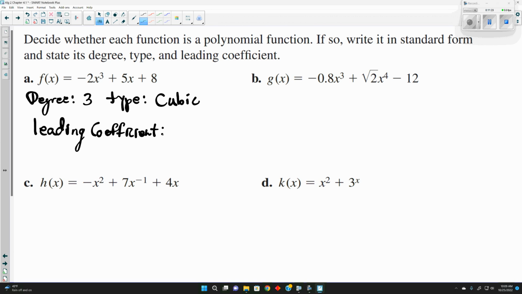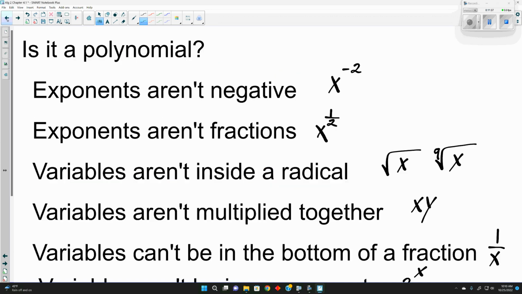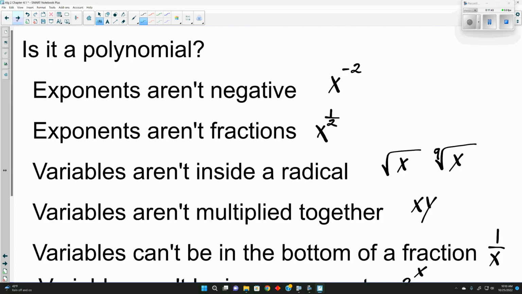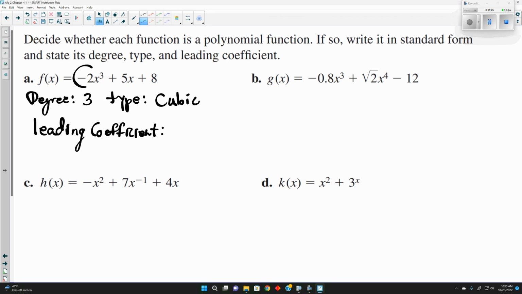Leading coefficient is what? What would be the leading coefficient? It is the number in front of the variable with the biggest exponent, so that would be -2.